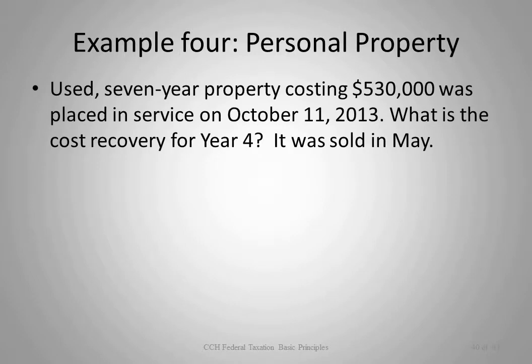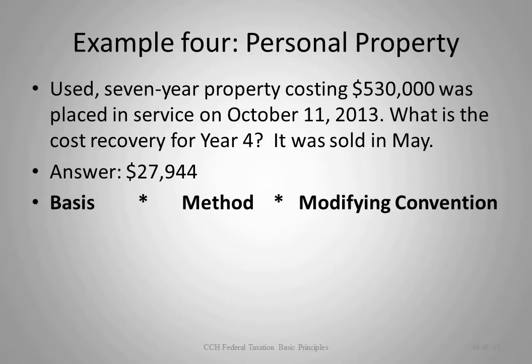I flipped without telling you to stop and think. So stop and think because I didn't give you any time on the last slide, right? So it's 530,000. Row 4 percentage adjusted by a modifying convention, mid-quarter, reflecting the number of quarters if it was sold in May. And here's our answer, 27,944.